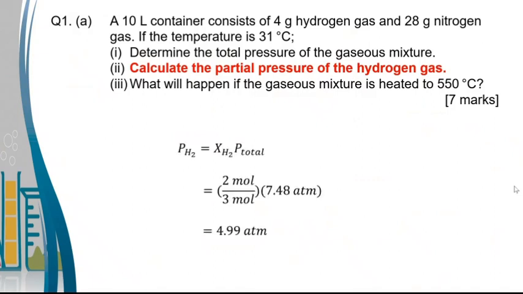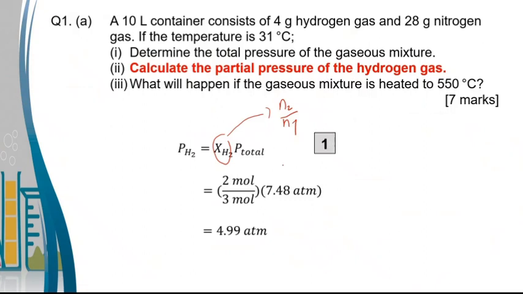P hydrogen, partial pressure of hydrogen, is mole fraction of hydrogen multiplied by total pressure. Mole fraction is number of mole of hydrogen gas over total number of mole, which is 2 over 3. The final answer of partial pressure of hydrogen gas will be 4.99 atmosphere.